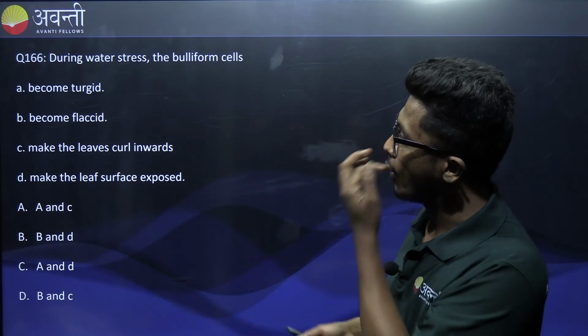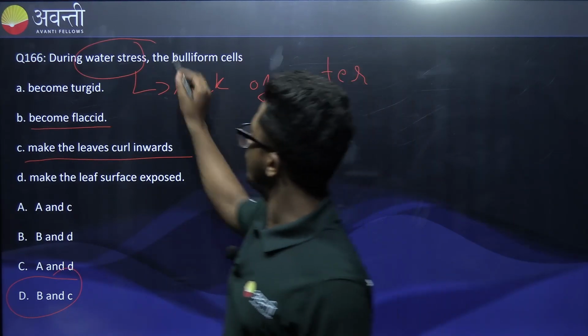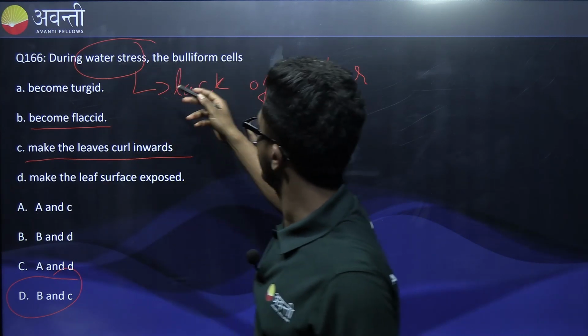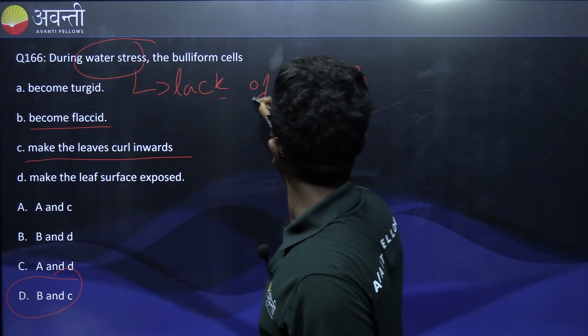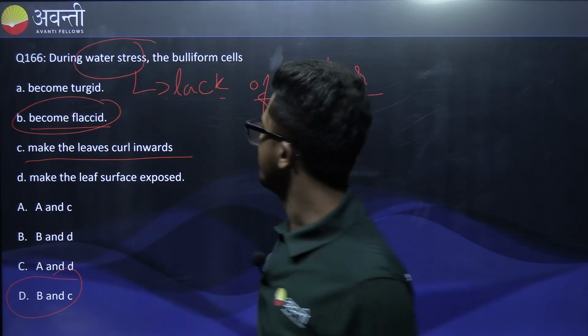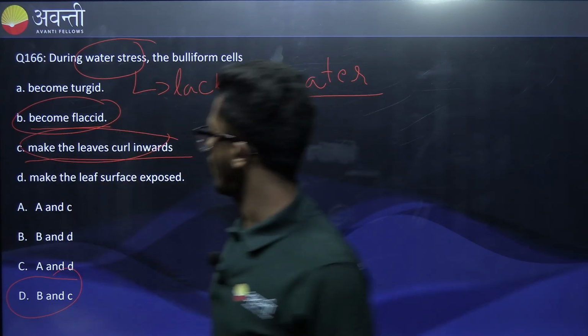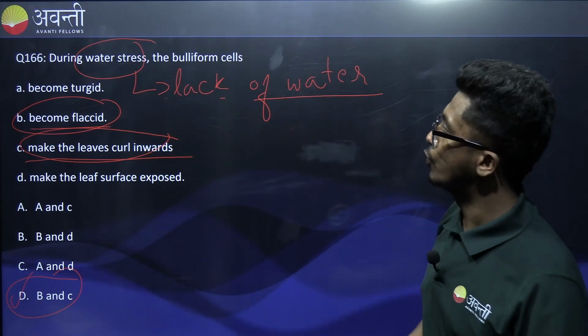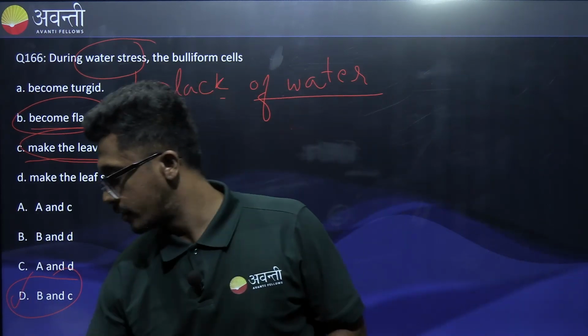So whenever there is water stress, that is lack of water, the bulliform cells become flaccid and then the leaves curl inward. So our option is B and C, that is D. The right option for question number 166 would be option D.